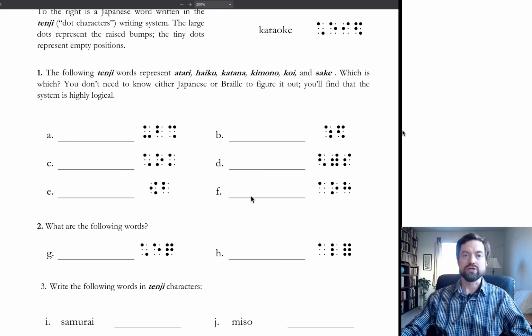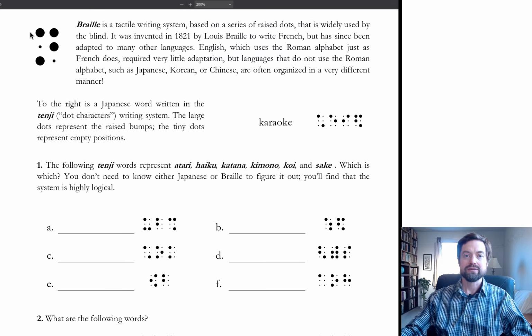First we see an example word, and they tell you that this is karaoke. And this is where you get the first challenge of these Japanese words, how you divide them up. You can see there appear to be 4 symbols. They give an example of one symbol here.